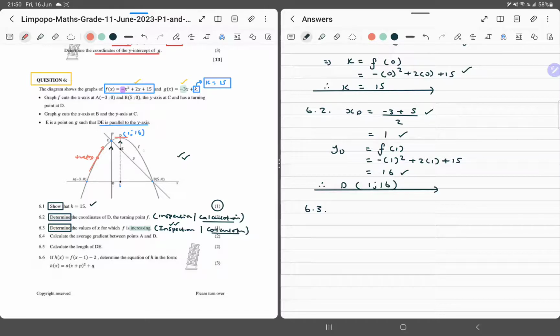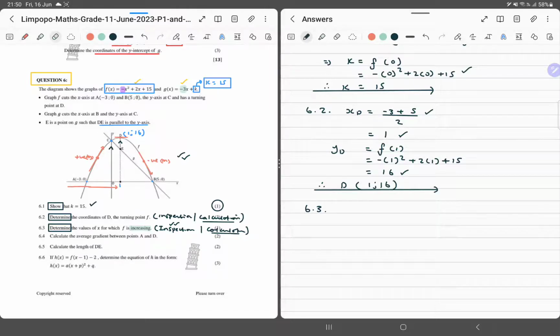If we draw another tangent on this part, what happens to this tangent? We know that this one has a negative gradient. And therefore, as we move from this point D and move across, the graph is decreasing. So essentially, by inspection, this is our interval, going to infinity.